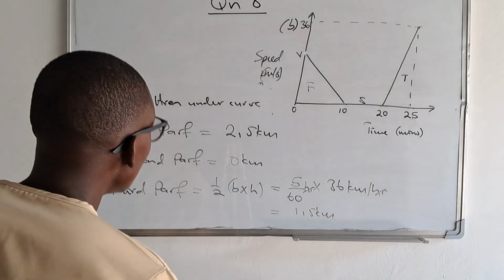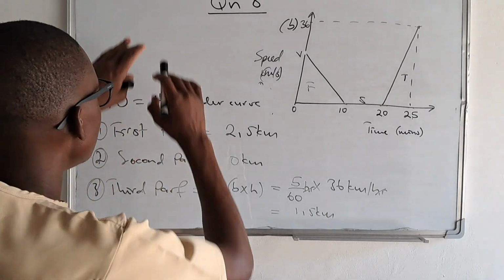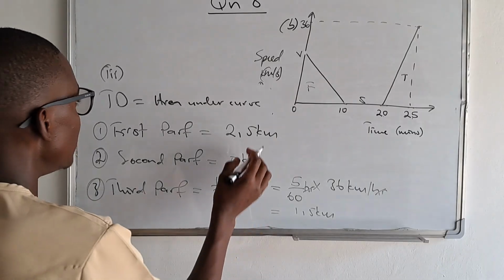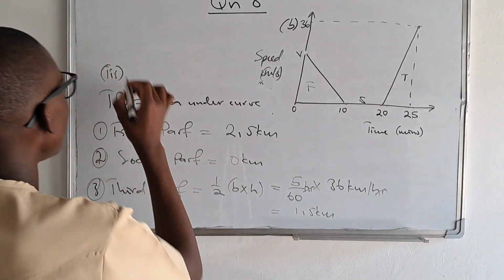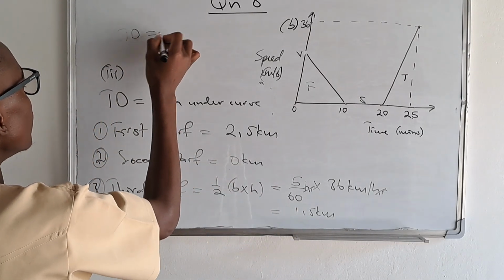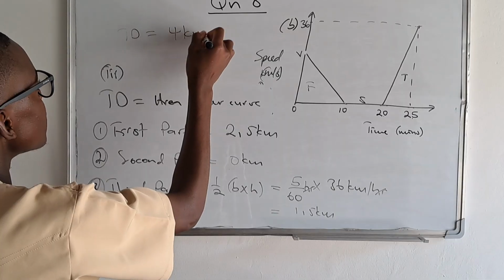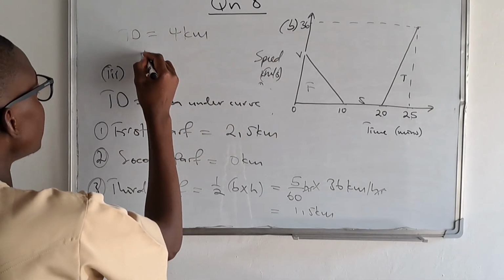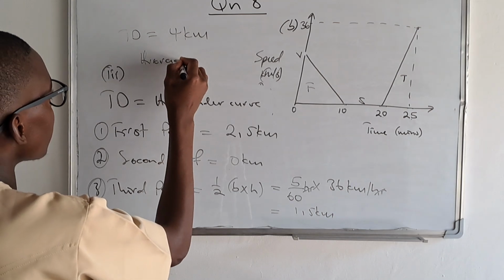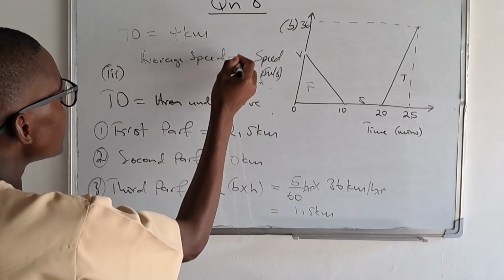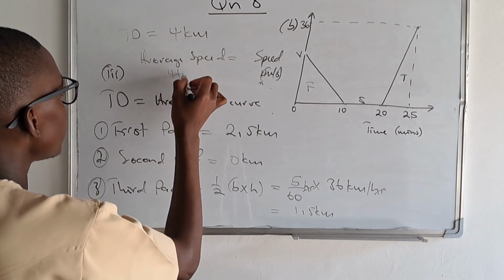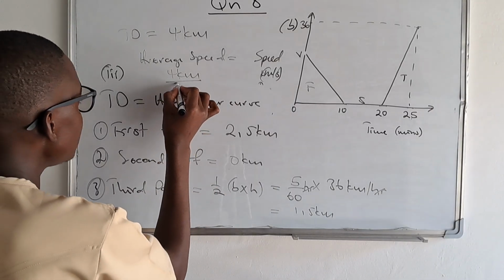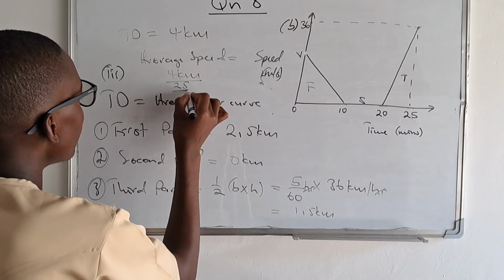Getting 1.5 kilometers, I'm not yet done. You just have to remember these answers. You add 2.5 plus 1.5, our total distance will be equal to 4 kilometers. Being 4 kilometers, we are required to find the average speed. Average speed is total distance, which is 4 kilometers, over 25 over 60.